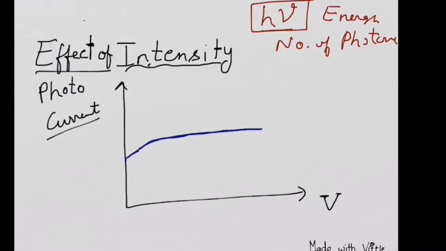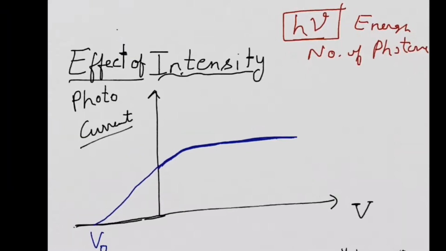Now, in order to see how much stopping potential is required, we will give opposite potential to the anode plate, meaning the anode plate is negative with respect to the cathode. So the electrons will stop at one particular value of potential called stopping potential, whereas the current which achieves a constant value is called saturation current.